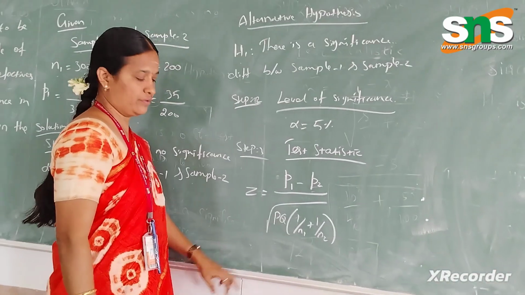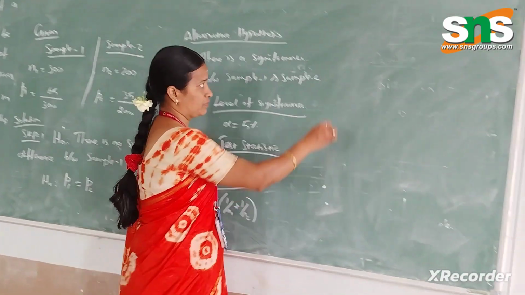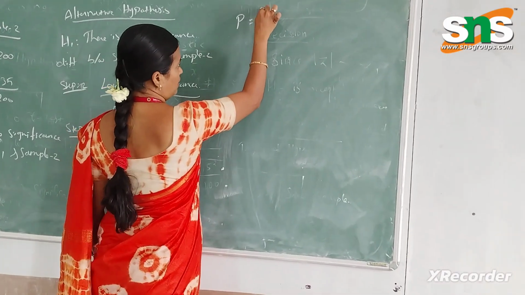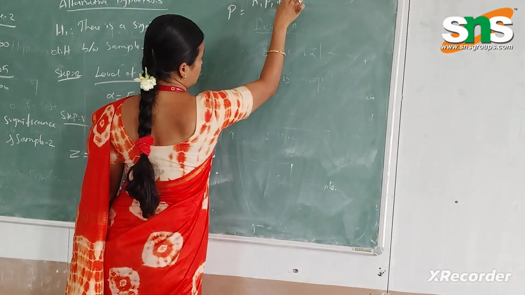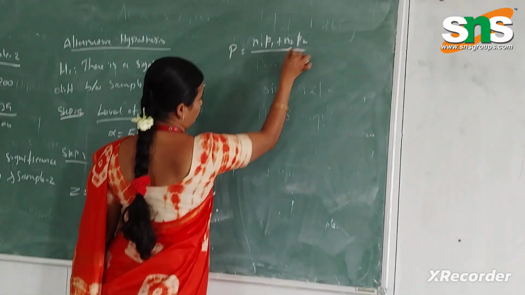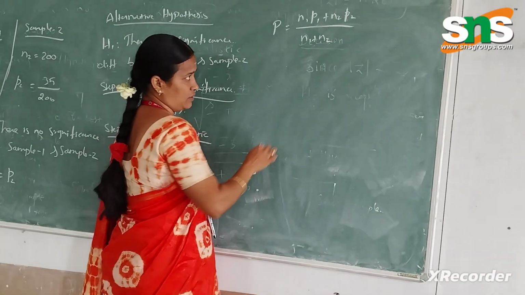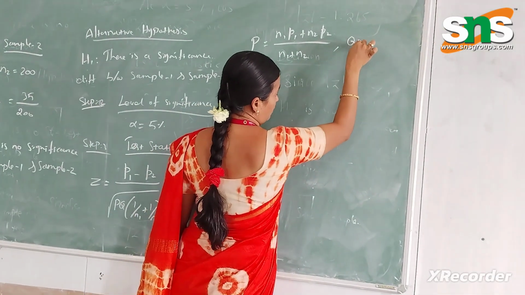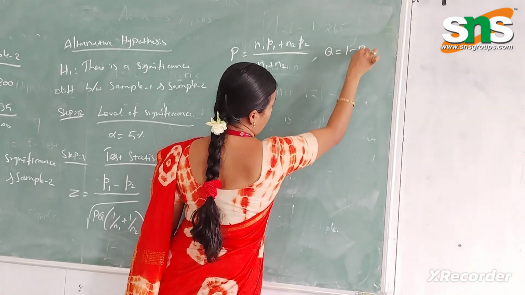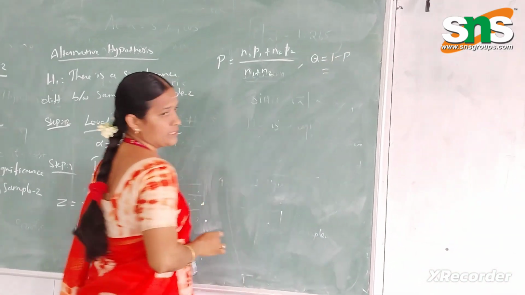We have a separate formula for p: p is n1 p1 plus n2 p2 divided by n1 plus n2. Replace all the values to get the p value, and from this p value calculate q, which is 1 minus p.